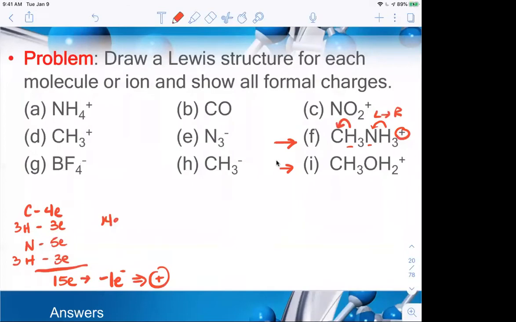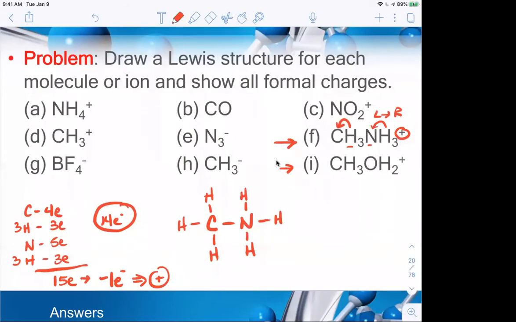So I have 14 electrons to work with. I know my carbon is attached to the nitrogen, and I know those hydrogens are attached to the carbon. I also know that I have 3 other hydrogens attached to that nitrogen.